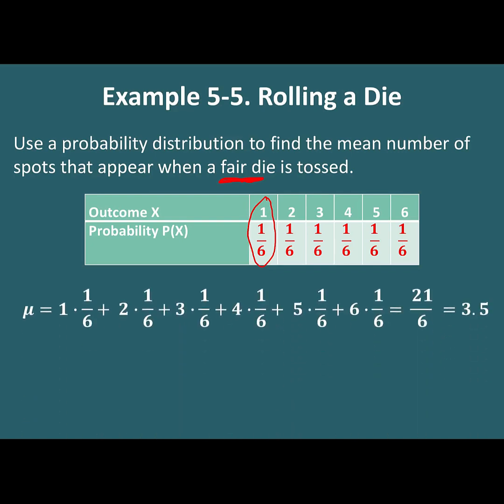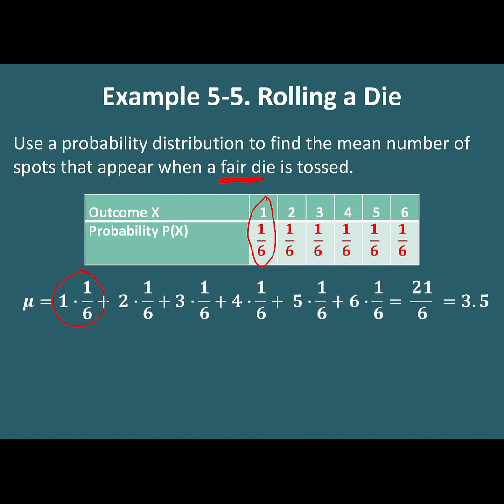So we have 1 times 1 out of 6, plus 2 times 1 out of 6, plus 3 times 1 out of 6, and so on. Multiplying all those out, we get 21 out of 6, which is 3.5.